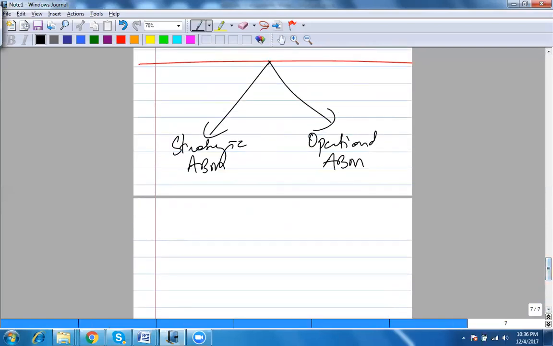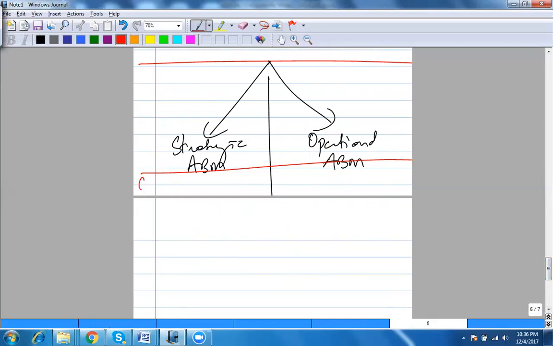What is the difference between them? Strategic ABM generally involves customers and products, and operational ABM generally involves day-to-day operations.